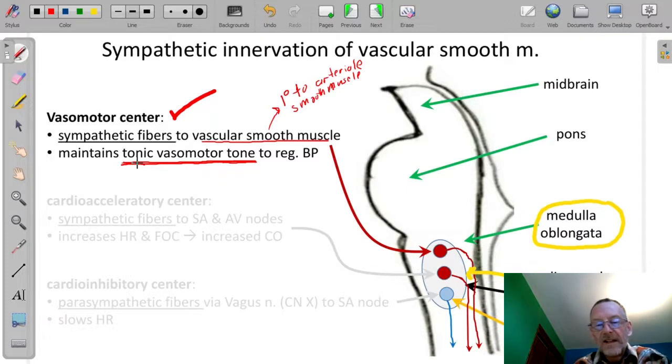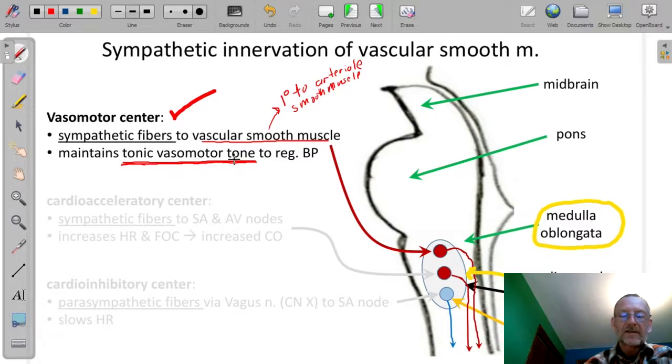So the idea is that if these sympathetic fibers become more active, you would get more vasoconstriction. If the frequency of action potentials to the vascular smooth muscle decreases, you would have less contraction, leading to more dilation.